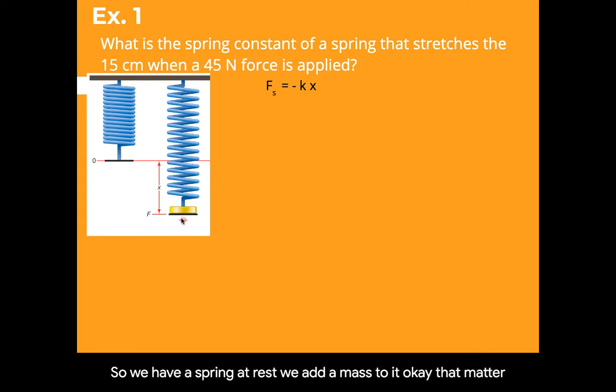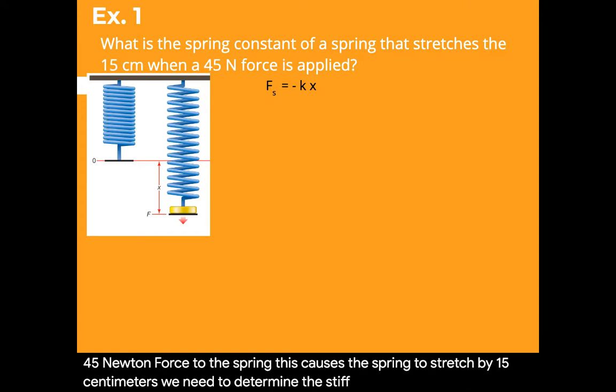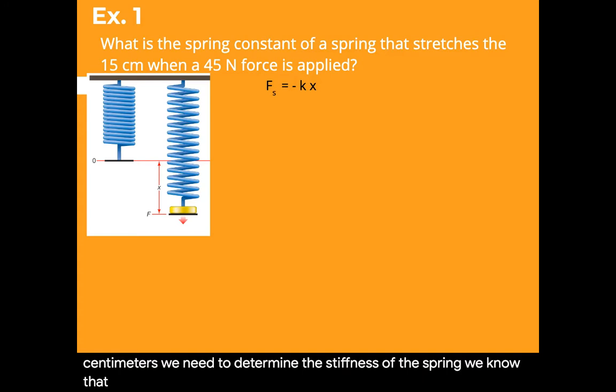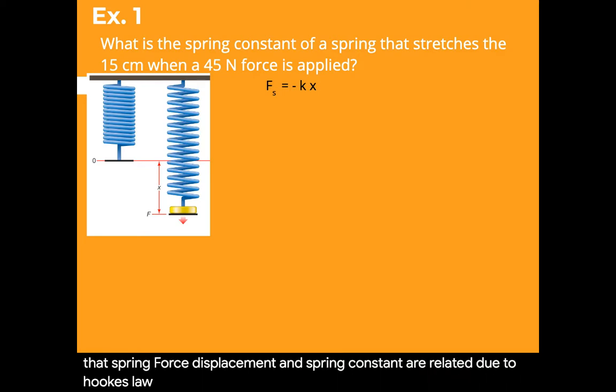Okay, that mass applies a 45 Newton force to the spring. That force causes the spring to stretch by 15 centimeters. We need to determine the stiffness of the spring. We know that spring force, displacement, and spring constant are related due to Hooke's law. So F sub S is equal to negative K times X.